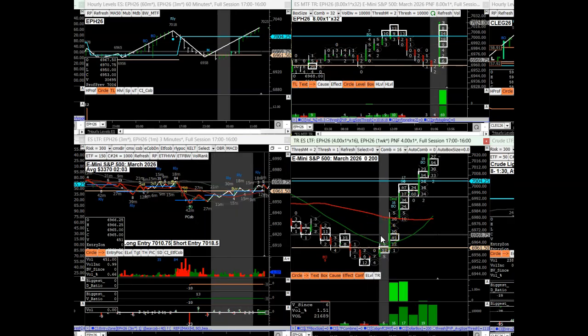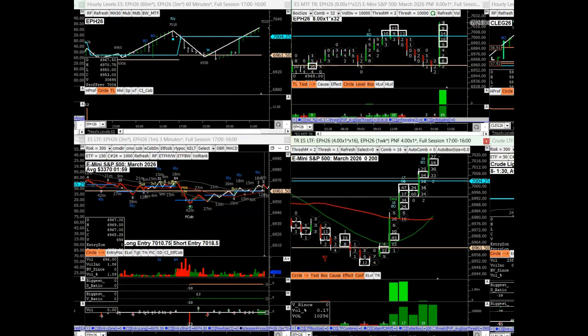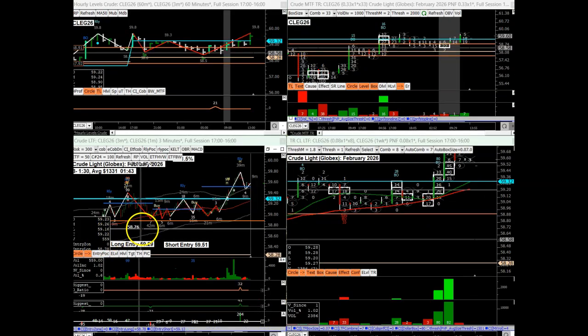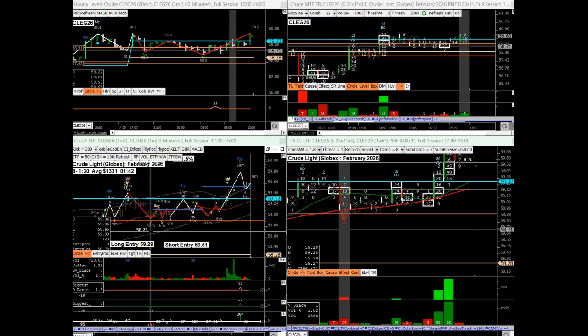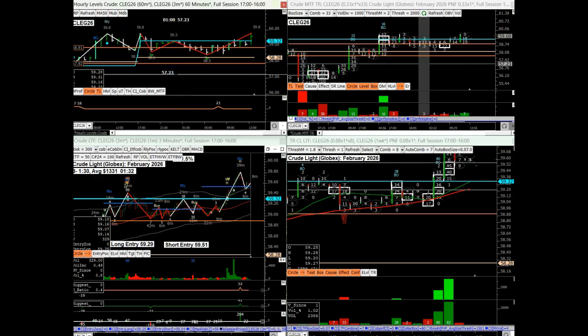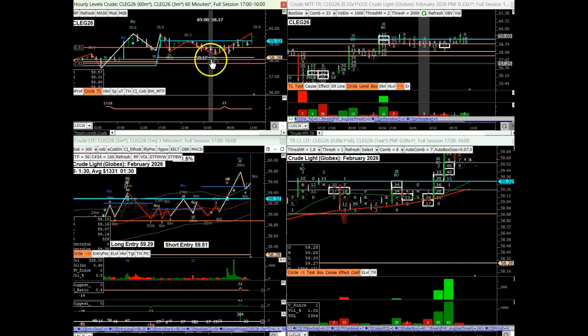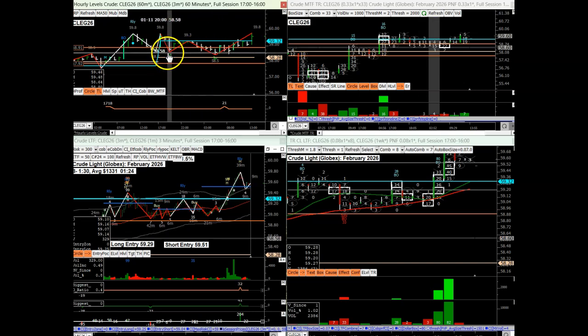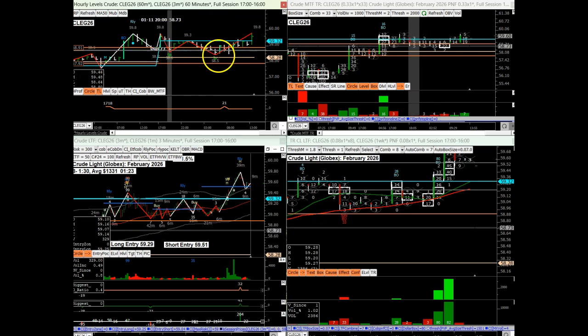All right, let's see if I have another example. This one is an example where I want to show that sometimes it works, sometimes it doesn't work. So this example is of it not working, or maybe it worked. I'm not really sure. We'll just take a look at these pullbacks here.